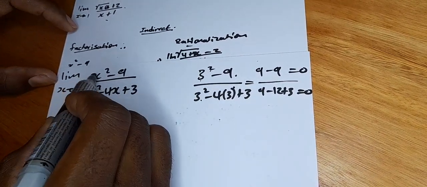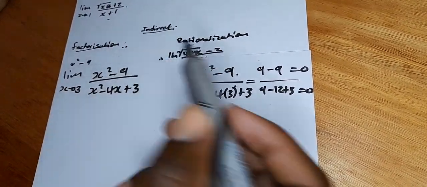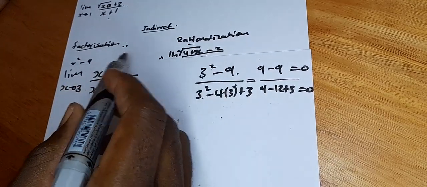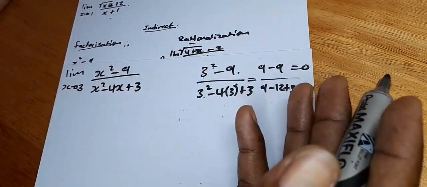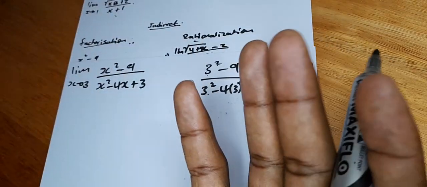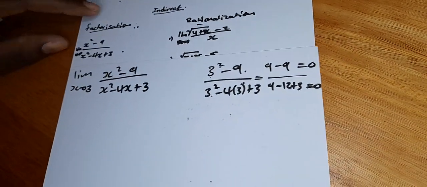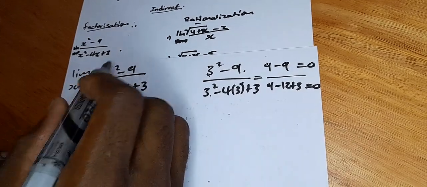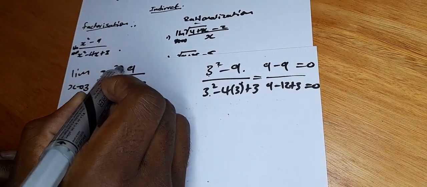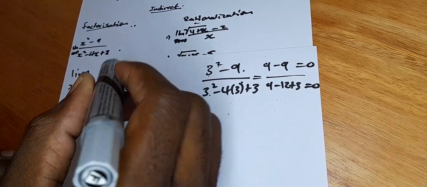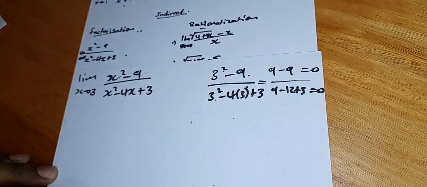You can see it by the x squared and so forth, the x to the 3. So you can see that this one is factorizable. This is our x squared minus 9, and we can factorize this part.